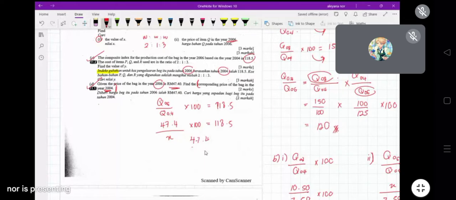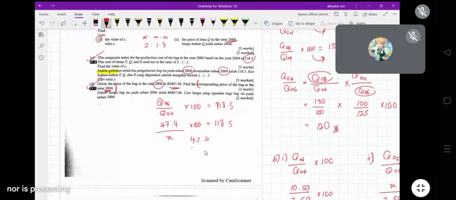Given the price of the bag in year 2006 is 47.4. This is the price index for 2006 based on 2004, and then you multiply with 100 because that's the formula, and then you equal with 118.5. Read the question, it's right over there.